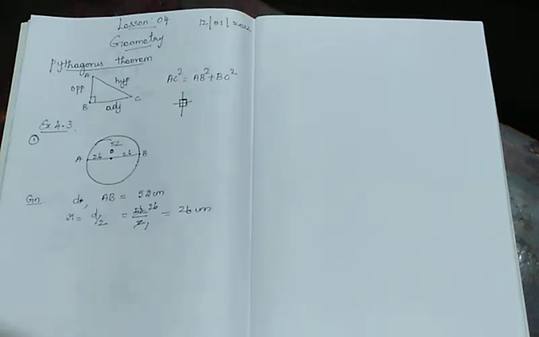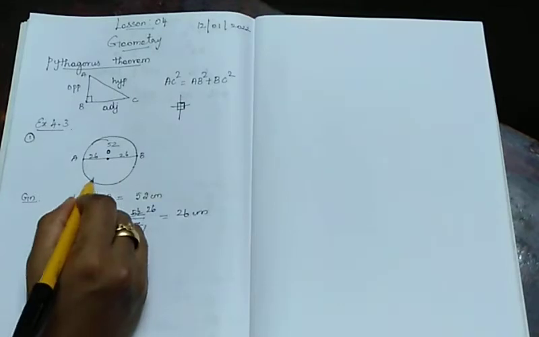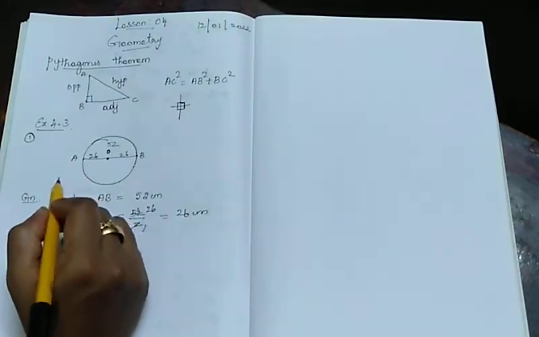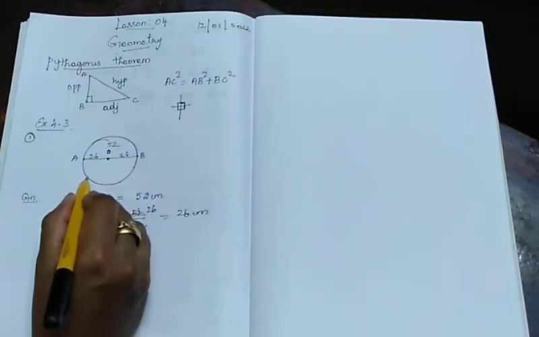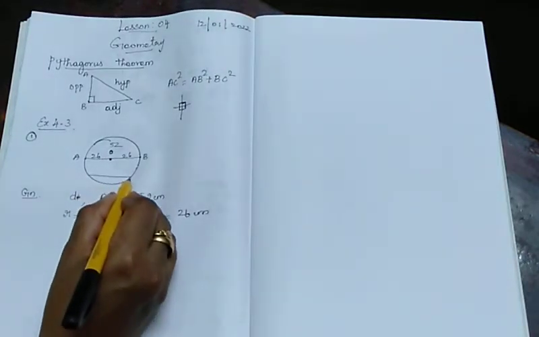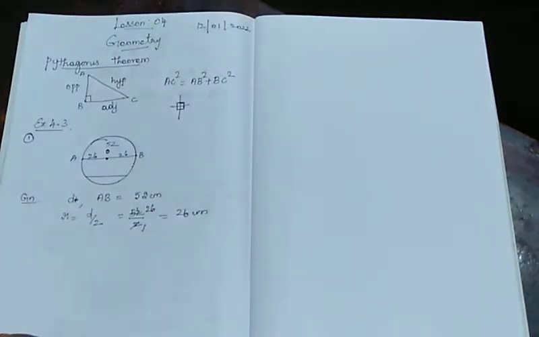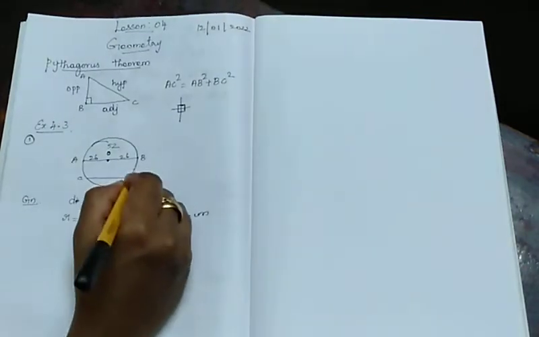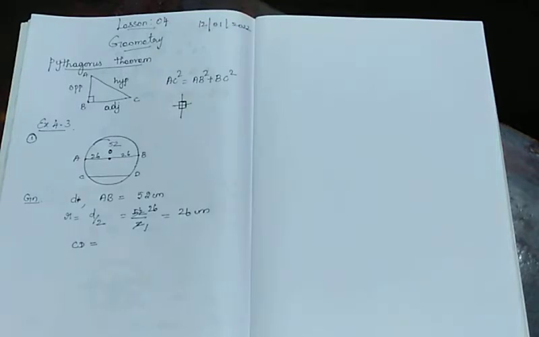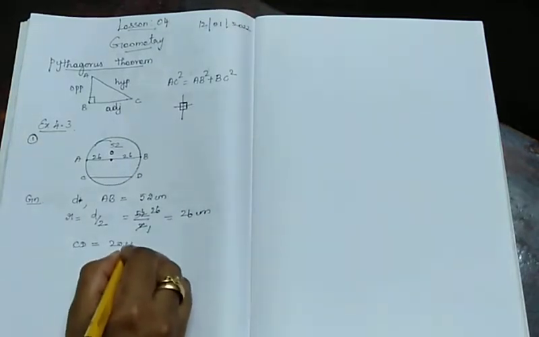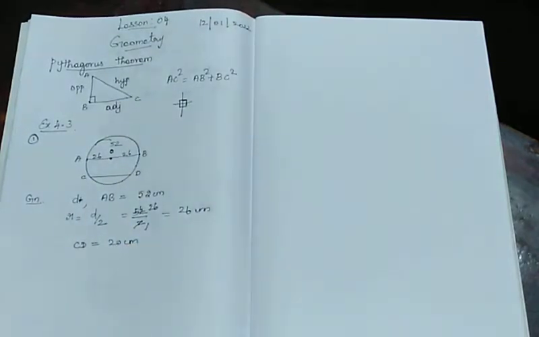Then what else is given? The length of one of its chords. A chord is a line joining two points on the boundary, not passing through the fixed point. Name it CD. CD is given as 20 centimeters.